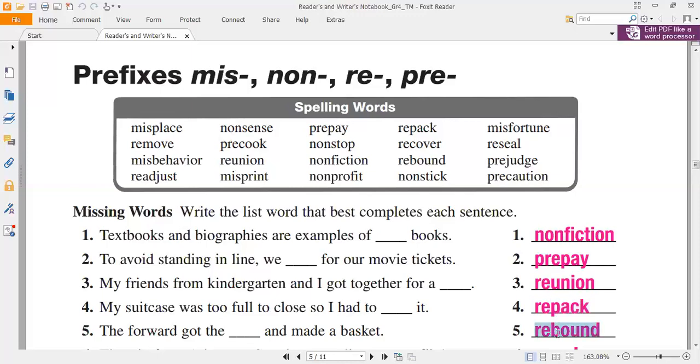Rebound. I told you about rebound. When you hit a surface or something, then you go back, and it's a movement in the game of basketball. You can check this on Google Images or even YouTube. Just write rebound in basketball, and you will see the movement itself.